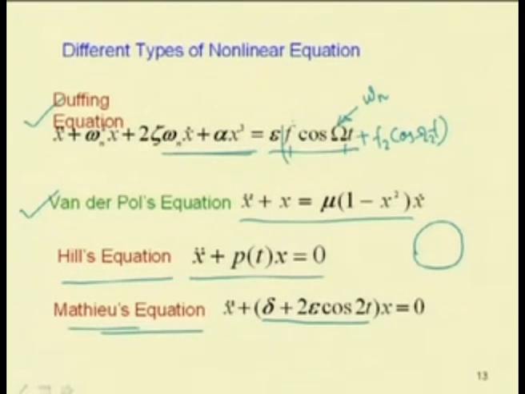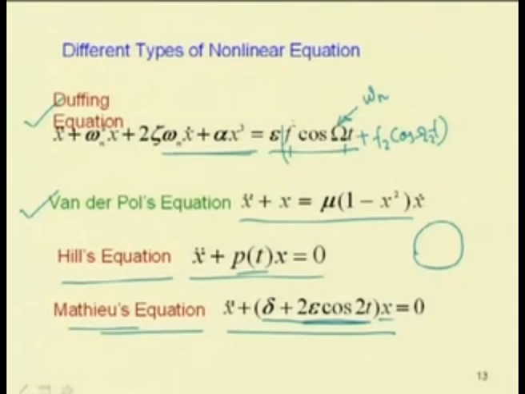So, this equation, x double dot plus delta plus 2 epsilon cos 2t times x equal to 0, one can call the Mathieu equation. In this case, you can observe that the coefficient of x, that is coefficient of the response, is a periodic term, that is 2 epsilon cos 2t. Here also the coefficient of response is a periodic function.